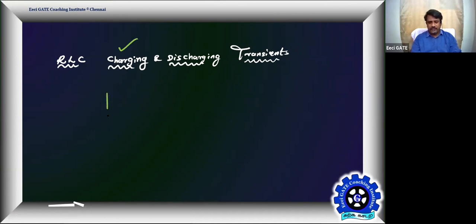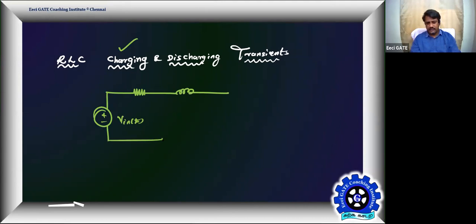So I have a source V of t, or V in of t, I can say. Resistor, inductor, and capacitor.